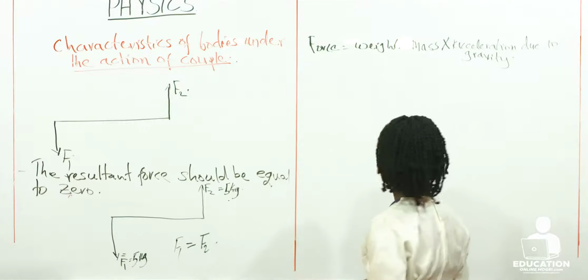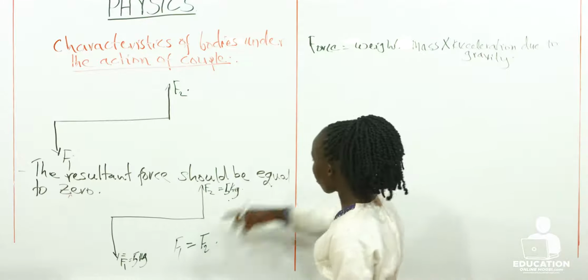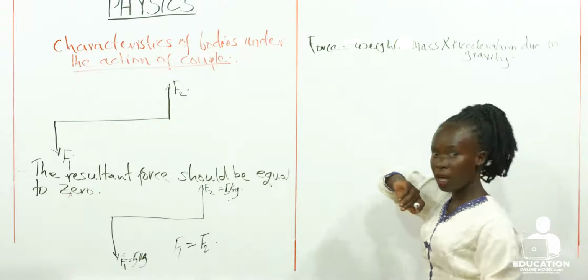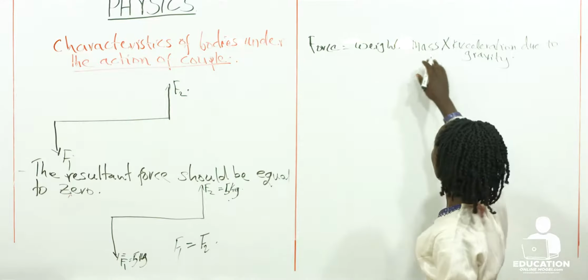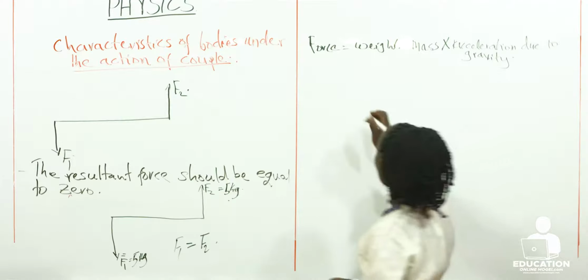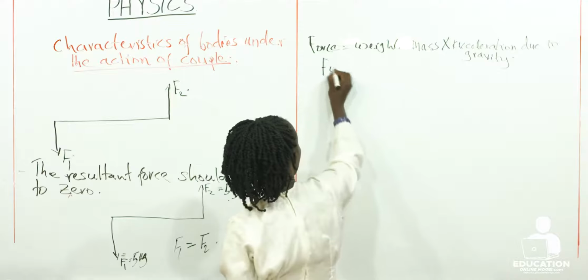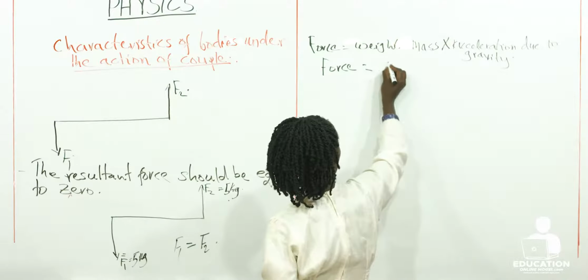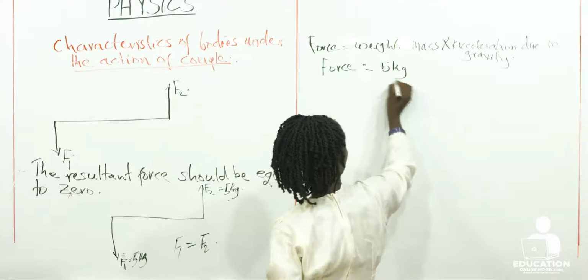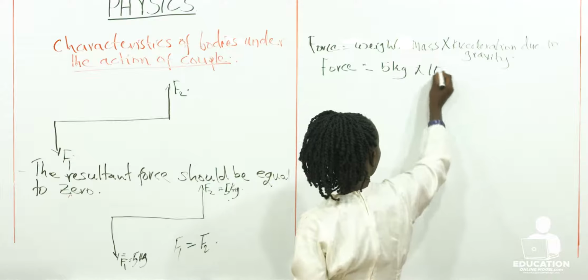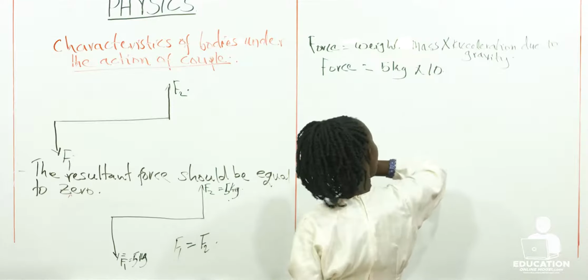So that means that in that case, since we said that the force is equal to the weight of the body, and the weight of the body is the mass of the body times acceleration due to gravity, we shall have our force as the mass, which is 5 kilogram, times the acceleration due to gravity. In this case, we are taking it as 10.